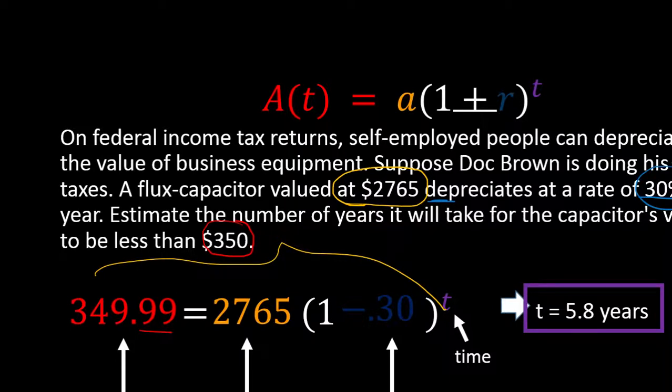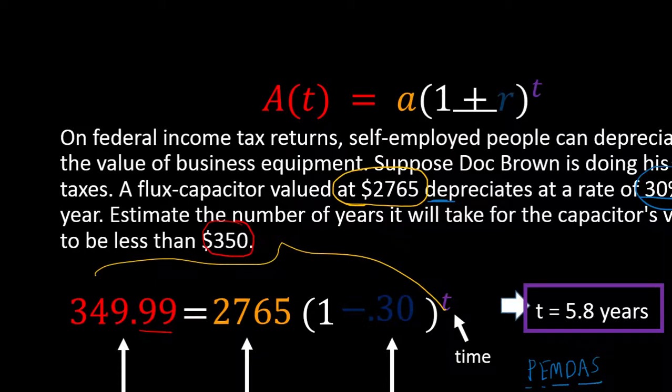If you're not sure how to plug this into a calculator, or if you just have questions in general about calculator computing, be sure to watch one of my videos on the matter. The most important thing is just going to be your order of operations, PEMDAS. Remember parentheses, exponents, multiplication, division, and then addition and subtraction.